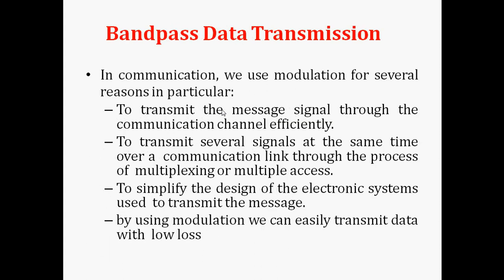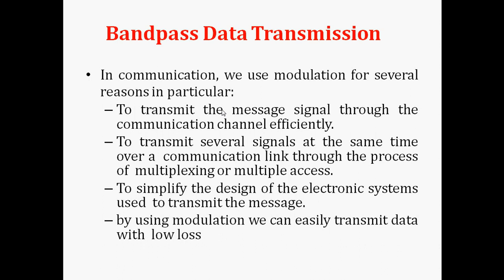So in bandpass data transmission, in communication we use modulation for several reasons. In particular, we can use it to transmit the message signal through the communication channel efficiently, and to transmit several signals at the same time over a communication link through the process of multiplexing or multiple access.